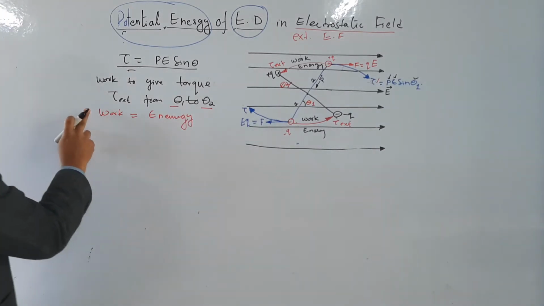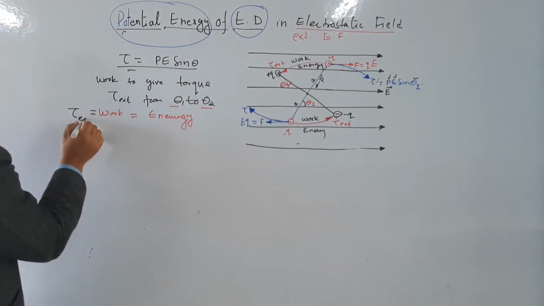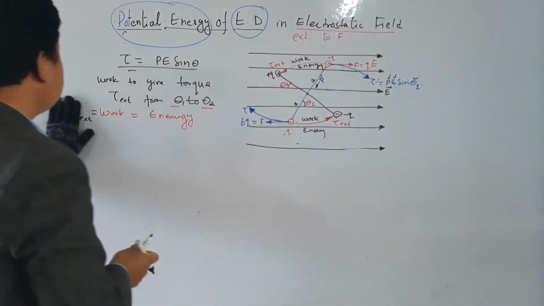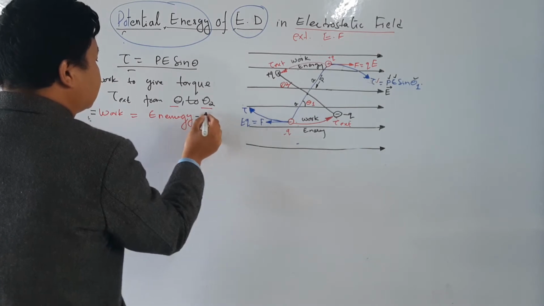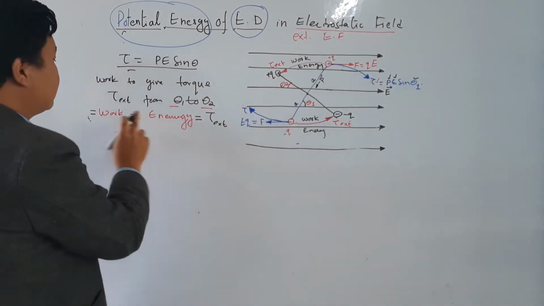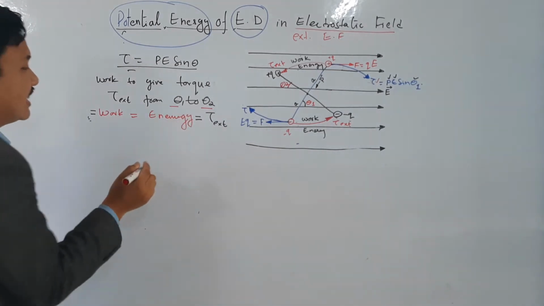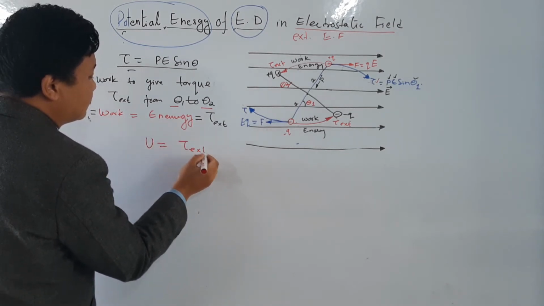And what I am doing here? I am doing external torque, isn't it? Okay, so this work is equal to energy, and this energy is how much? Torque external. Because of this work done, I am getting external torque. It means that this energy U is equal to external torque, isn't it?